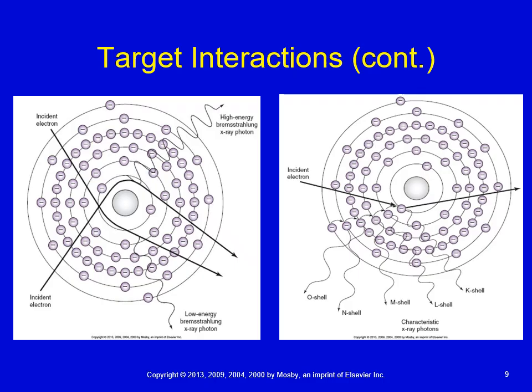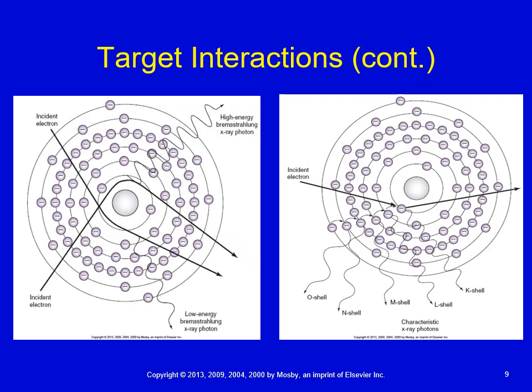It has enough energy to eject it from the atom. As a result of it being ejected, it leaves a vacancy. So that now means that the atom is unstable. To get back down to the stable state, the atom itself will start what they call a characteristic cascade.